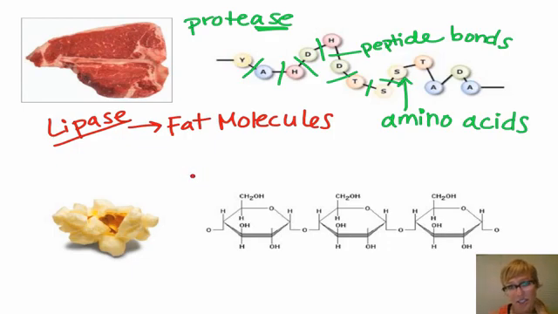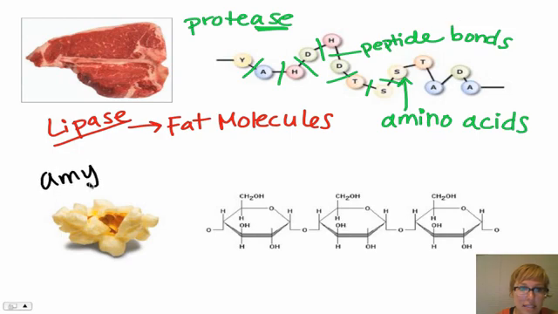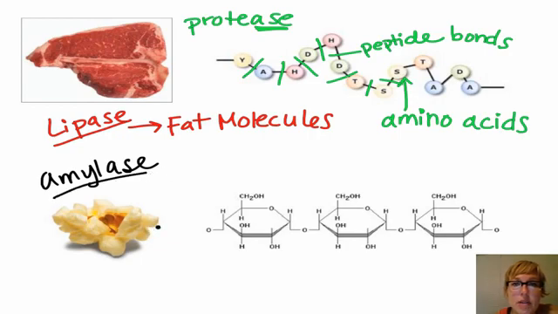And one that you're actually producing right now, well, you're producing it if you're eating, is an enzyme called amylase. Now, when you have food in your mouth and you're salivating, you actually salivate more when you eat. There's an enzyme in it called amylase, and it breaks down starch.